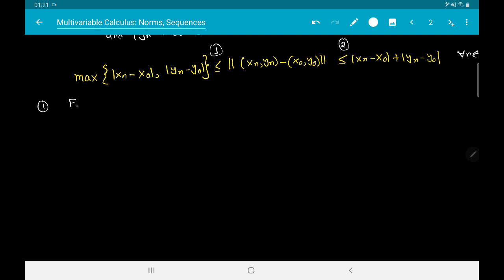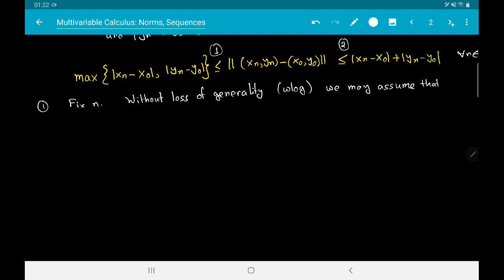Now here what we do is that we fix n, and as we say in higher mathematics, without loss of generality, we may assume that for this particular n, modulus of xn minus x0 is bigger than or equal to modulus of yn minus y0.